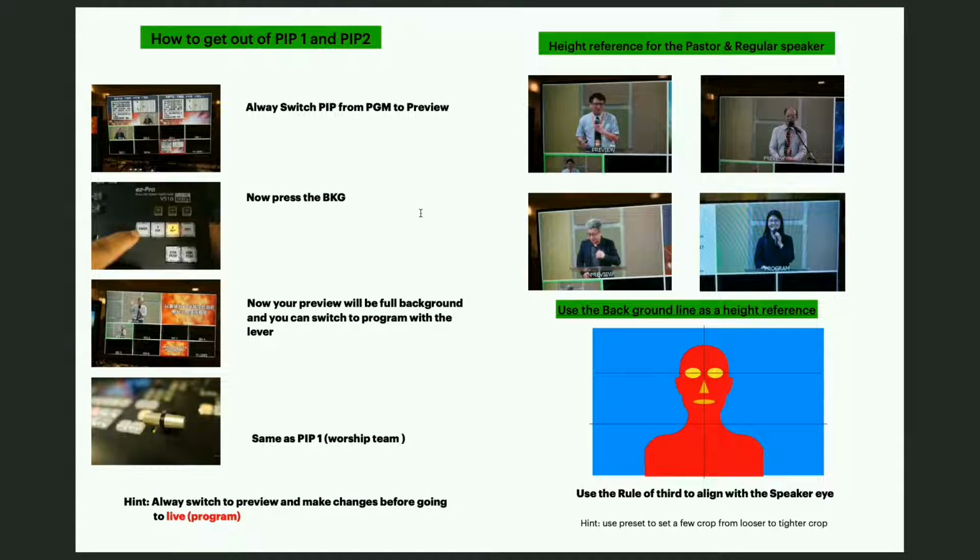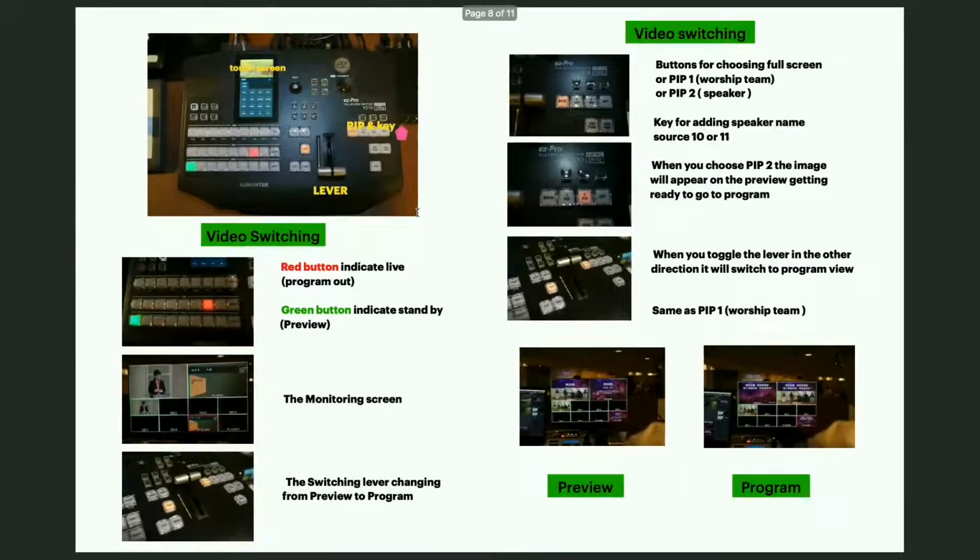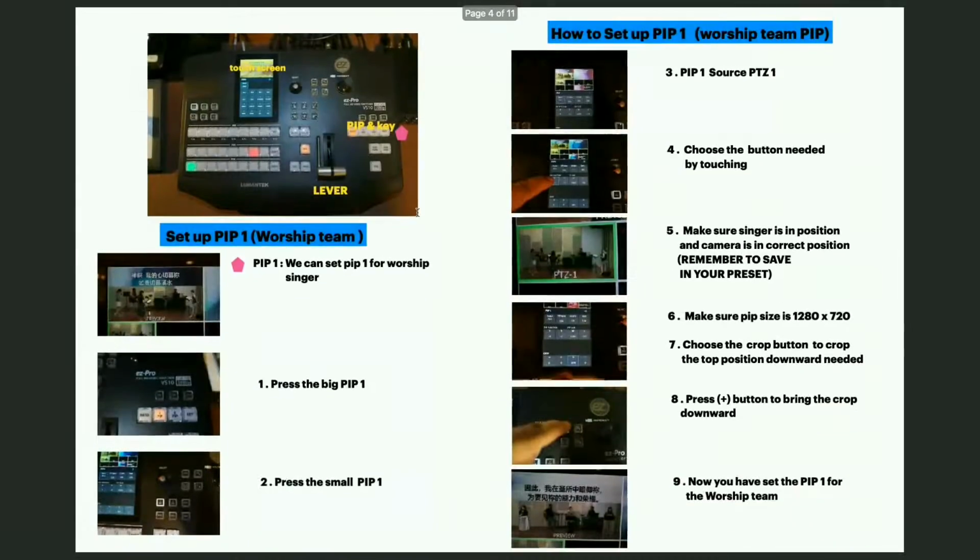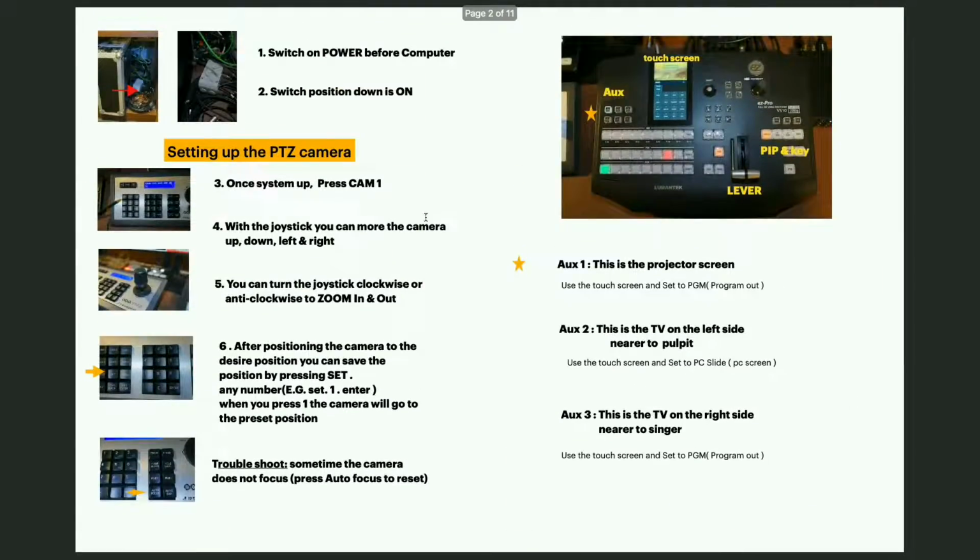So basically the most important part for the people that are not doing this video switching, like the people doing the PowerPoint or the PA, is that sometimes they might need to come here and make sure the projector has the correct picture, and the two TVs have the correct picture. So this is the most important part, the first page that we are talking about.